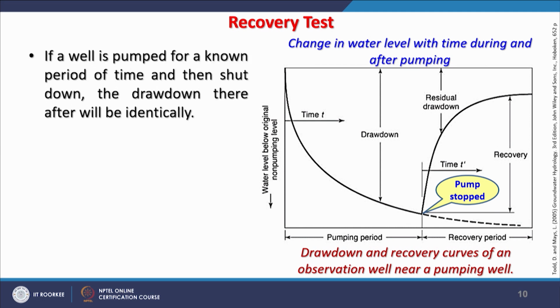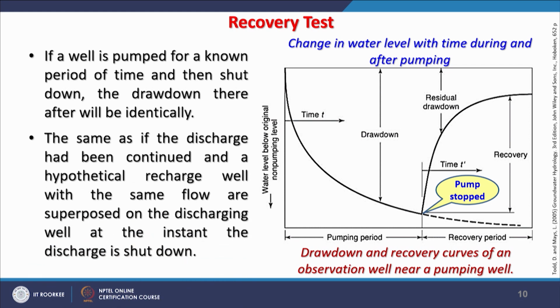If a well is pumped for a known period of time and then stopped, the drawdown will stop further, and the recovery will be identical in nature, only in the opposite direction, at least in theory, but it does not happen all the time.